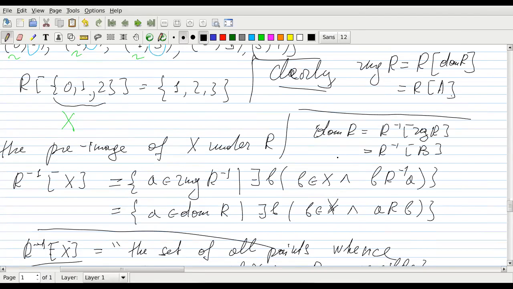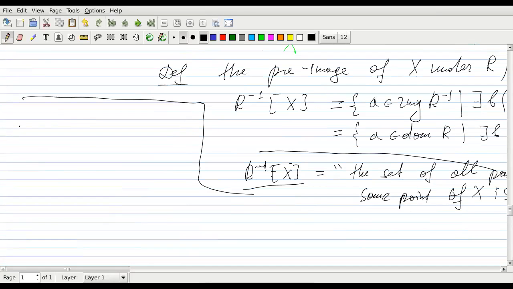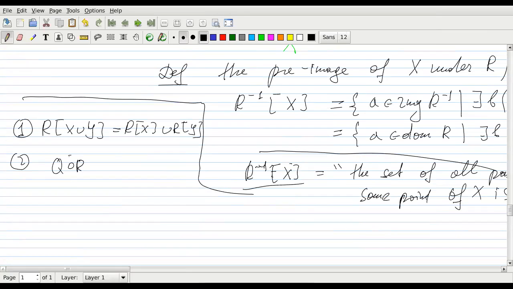Yes. At our seminar, we shall have some practice with this concept, and namely, we shall prove two basic properties about it. For whatever X, Y, and R, the image of the union is just the union of two images. And the second one: what if you take the image under the composition of R and Q?